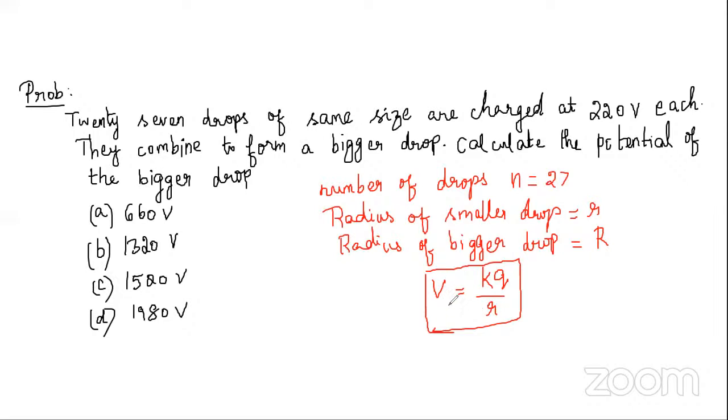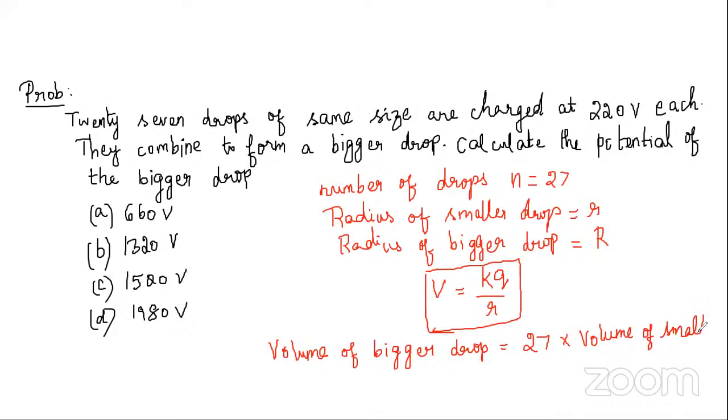So for that, we write: volume of bigger drop is equal to 27 drops of the same size combined, that is, 27 into volume of smaller drop. All the 27 drops combine and form a bigger drop.